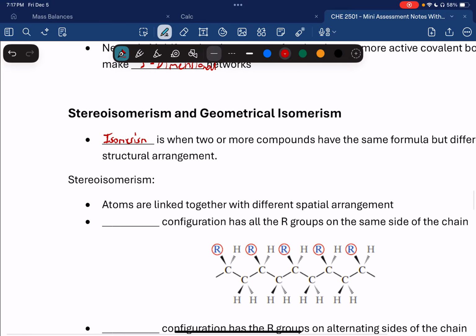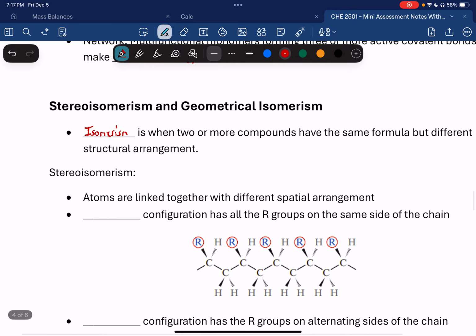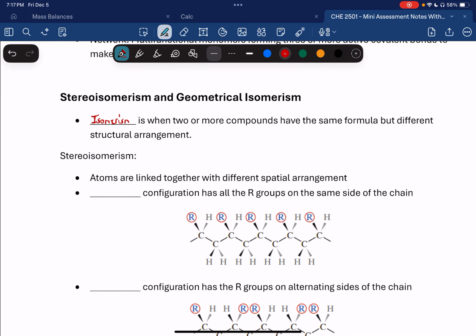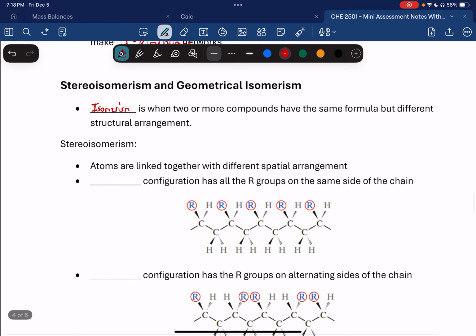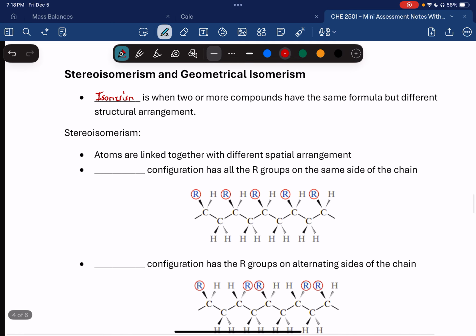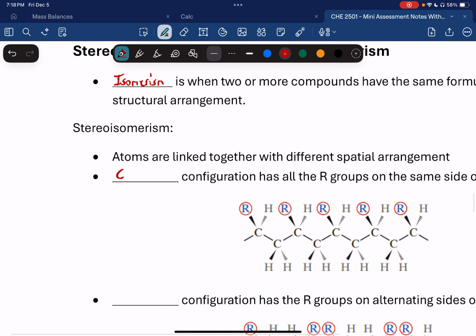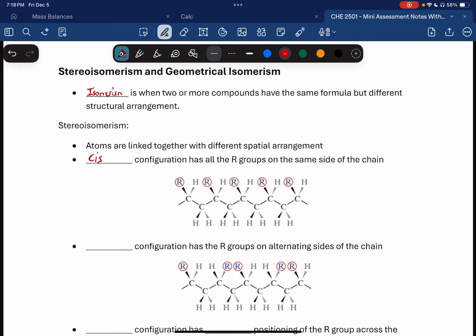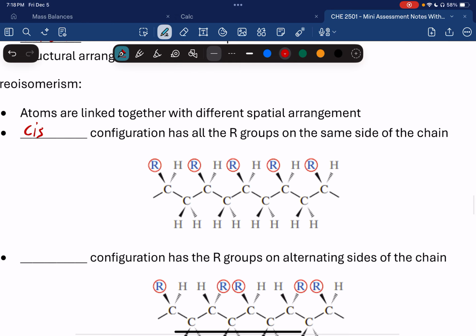But there are different kinds, and we can go a little deeper. Stereoisomerism is atoms linked together with different spatial arrangement, as we can see in the picture below. There are two types of configuration. Cis configuration has all the R groups on the same side of the chain, as we can see here.